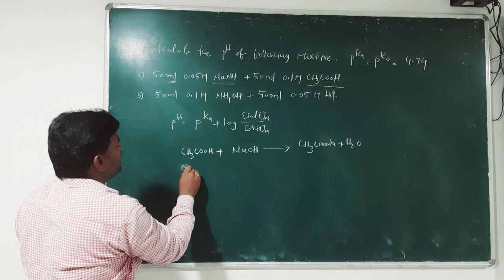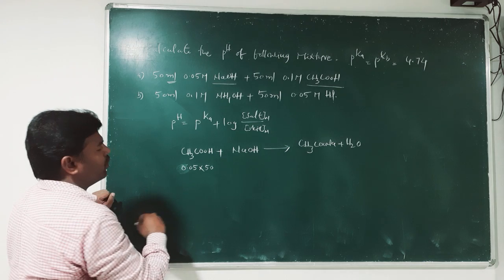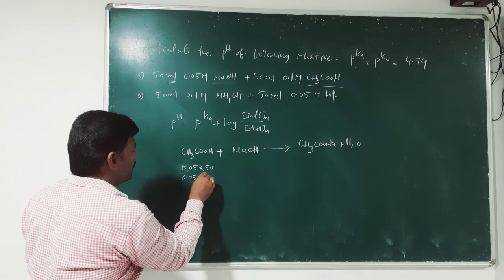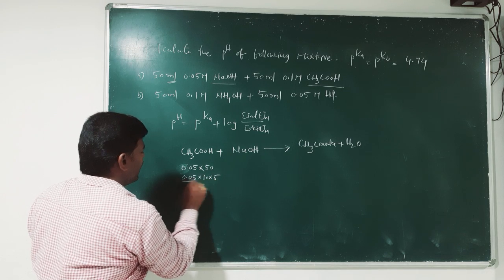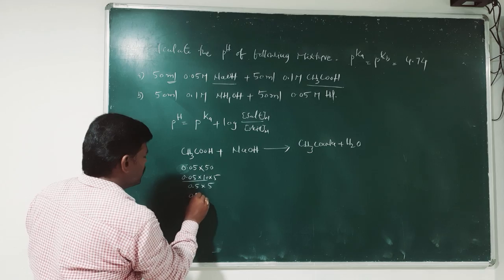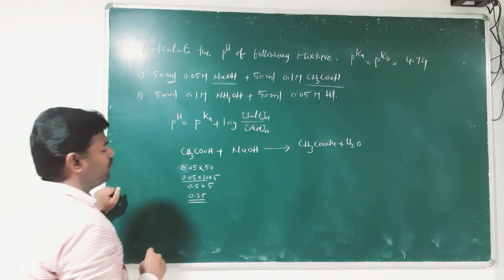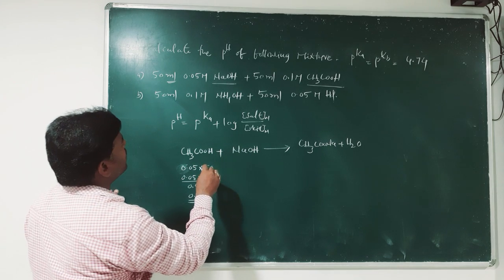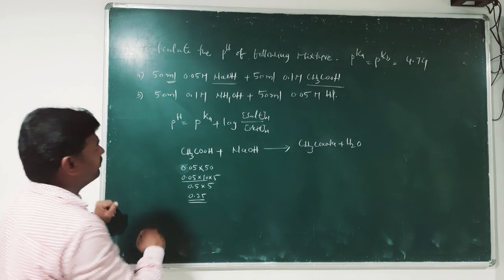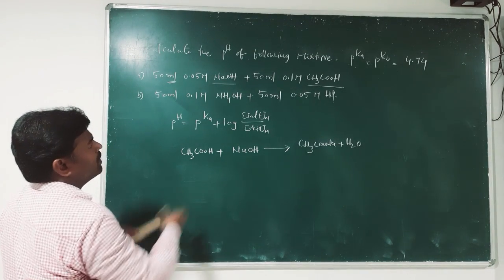Concentration is 0.05 and ml is 50. So this can be written as 0.05 into 10 into 5, which is 0.5 into 5, that is 2.5. So the millimoles of sodium hydroxide is 2.5.